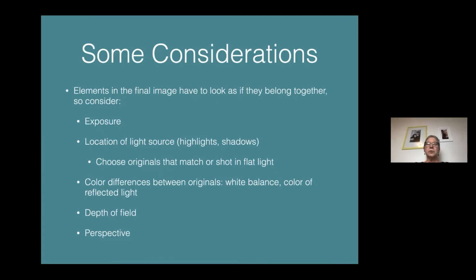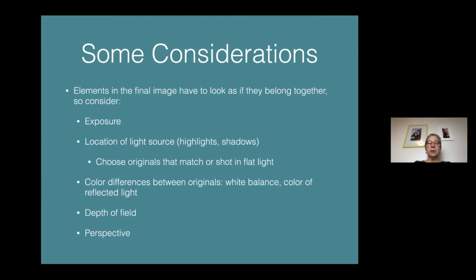Okay, so what do you have to think about when you're combining pictures that were taken in different places? How can you put pieces of very different pictures together and make them look like they belong together, like you took them all at once with one shot? You want pictures with a similar exposure, because obviously if something's really dark and something else is light, they don't look like they belong together.